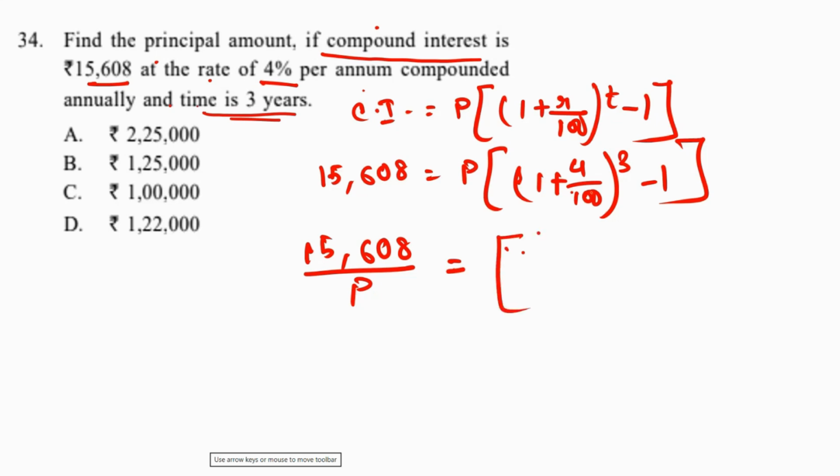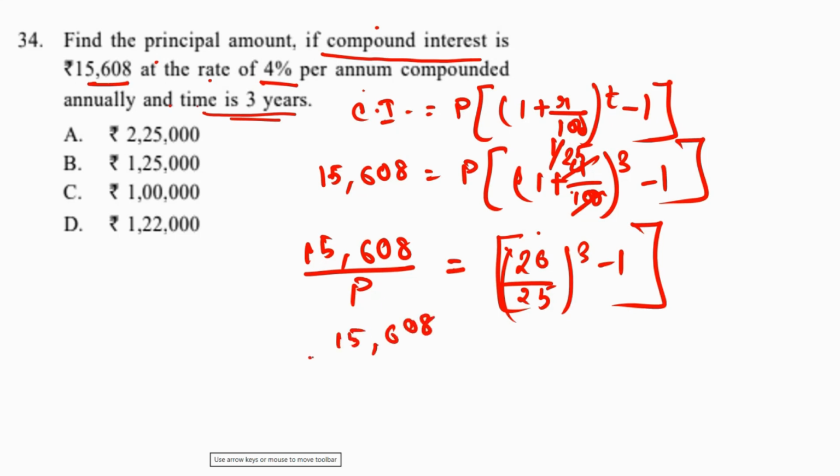1 plus 4 by 100 is nothing but 1 plus 1 by 25, which is 26 by 25, whole cube, minus 1. If we take the cube of 26 by 25 and subtract 1, we would get 1,951 in the numerator and 15,625 in the denominator.